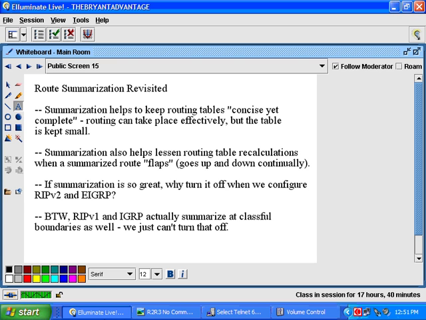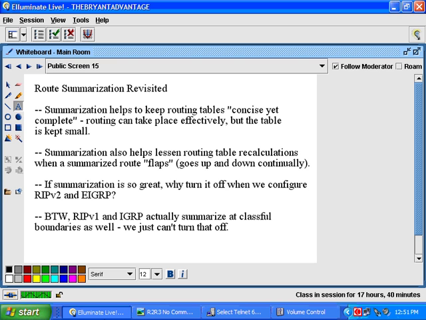Routing will still take place effectively, actually more effectively than having a large table. But the table is kept small, and that always helps the speed of the routing process. Now, summarization has another less discussed benefit, that it also helps lessen routing table recalculations when a summarized route flaps.